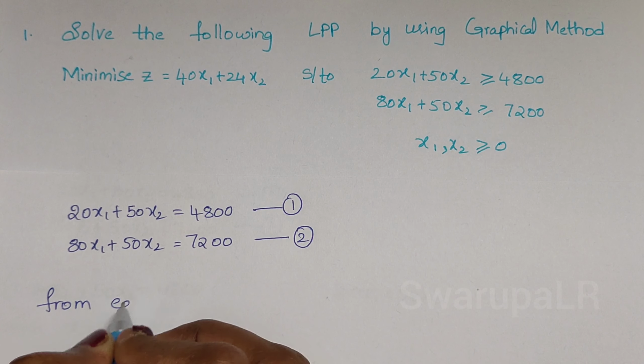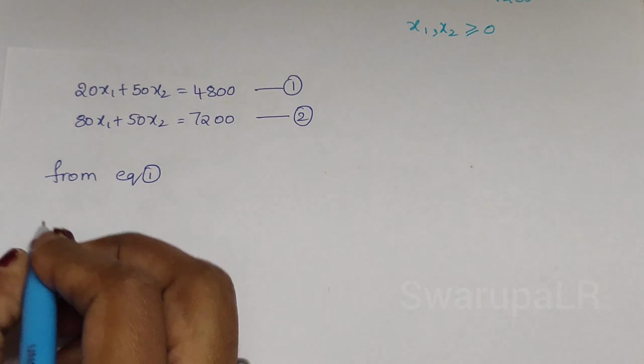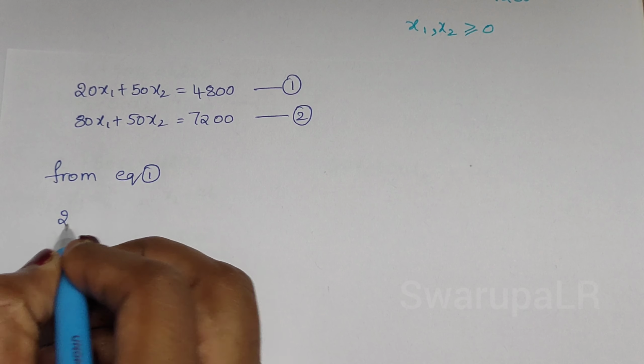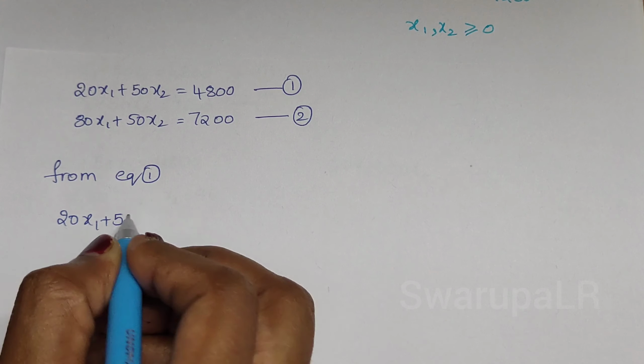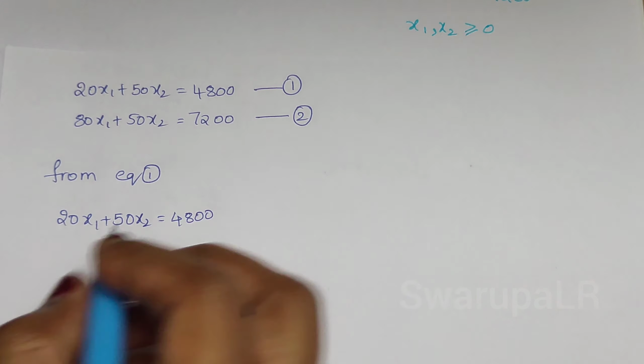See, from equation 1, 20x1 plus 50x2 is equal to 4800.